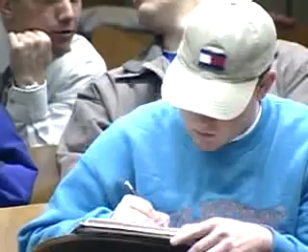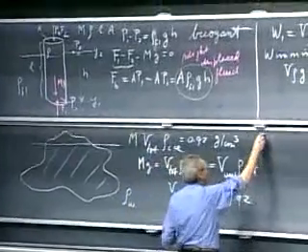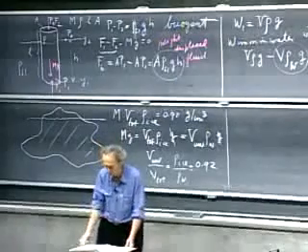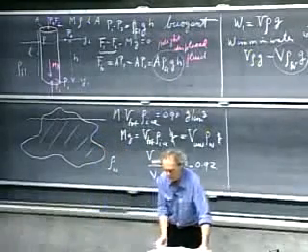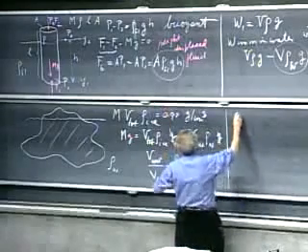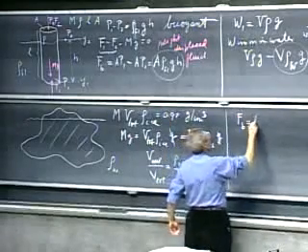I want to return now to my cylinder, and I want to ask myself the question, when does that cylinder float? What is the condition for floating? Well, clearly, for that cylinder to float, the buoyant force must be mg.